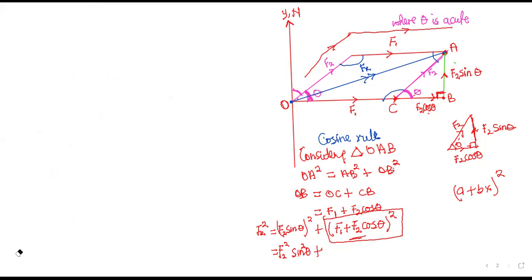So your task is to expand F1 plus F2 cos theta, all squared.